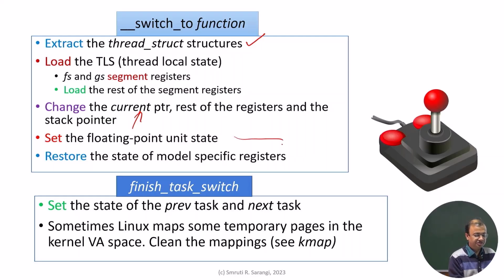And the rest, floating point state, ALU state, general purpose registers, model specific registers, everything will get switched as per the logic of the program, as per the sequence that we have seen. One sequence is followed while saving the context. Exactly the reverse set of steps are followed when restoring the context.